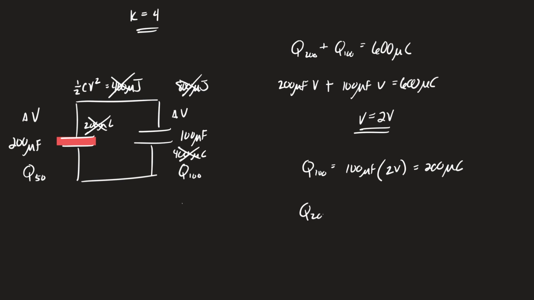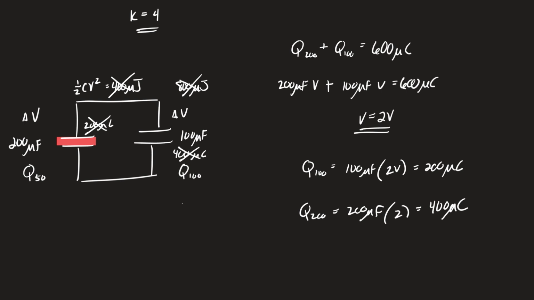And Q on the 200 has got to be 200 microfarads times the 2 volts. Now it's got 400 microcoulombs of charge. So we just pulled some of the charge back to the other capacitor. We made it bigger. It can hold more, and so it will.